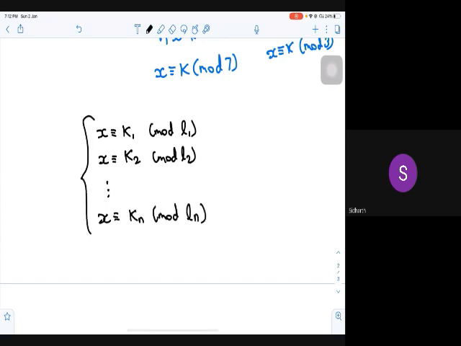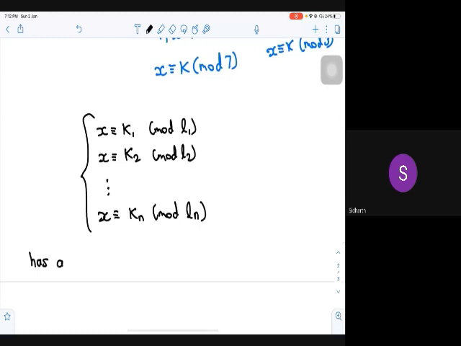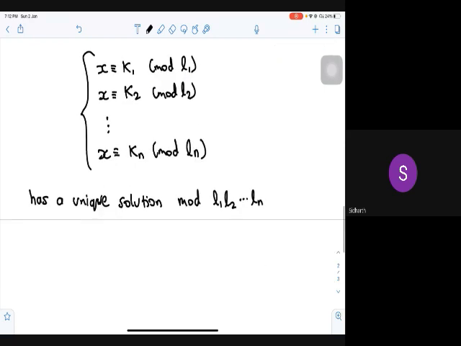This system has a unique solution mod l1 l2 till ln, so the product, where we assume that they are all pairwise coprime. Now you could change it to the LCM of this, and there would be a few modifications, but let's just look at the simplest version. So this is assuming that l1, l2 till ln are pairwise coprime.